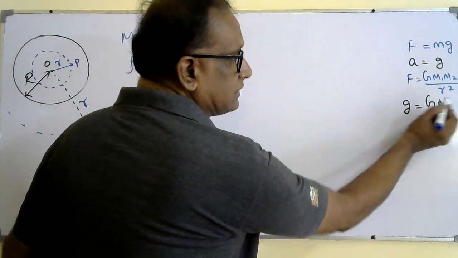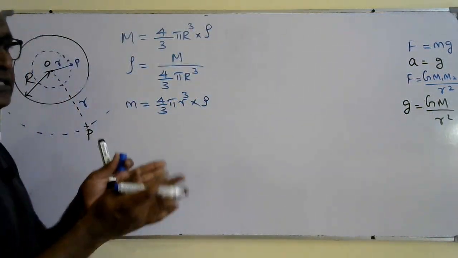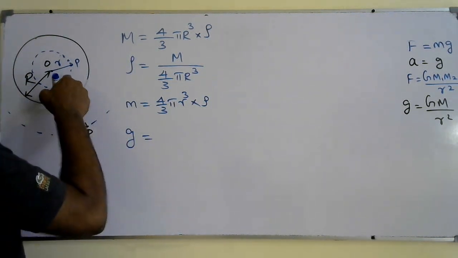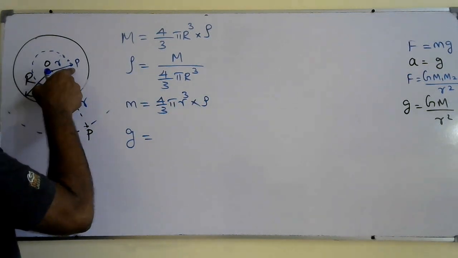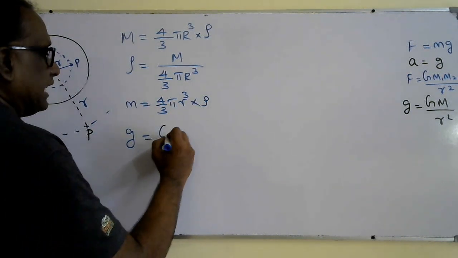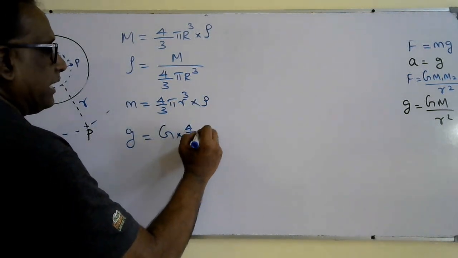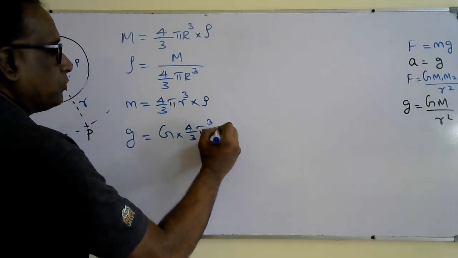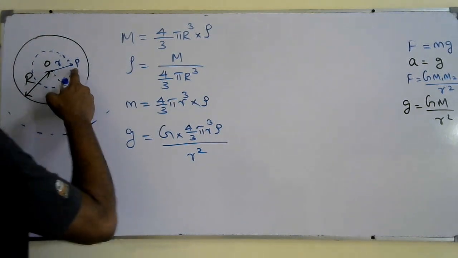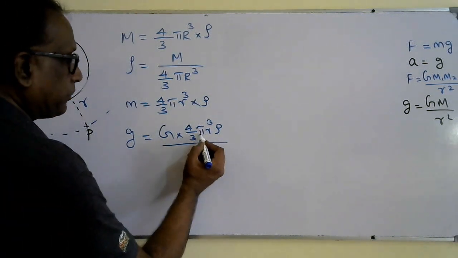So now the gravitational field strength, the same equation, g equals Gm over r squared, Gauss law says where m is the mass enclosed within the sphere. So the gravitational field strength inside the sphere at distance r from the center of the planet at point P, g is equal to G times the mass enclosed, which is 4 by 3 pi r cube rho, over r squared, the distance of point P from the center of the planet.